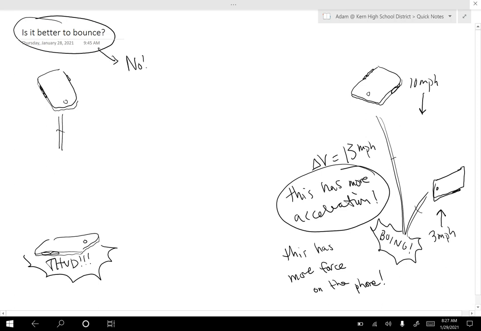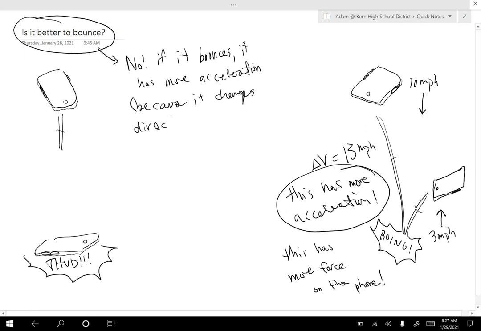No. If it bounces, it has more acceleration because it changes directions. And therefore it has more force.